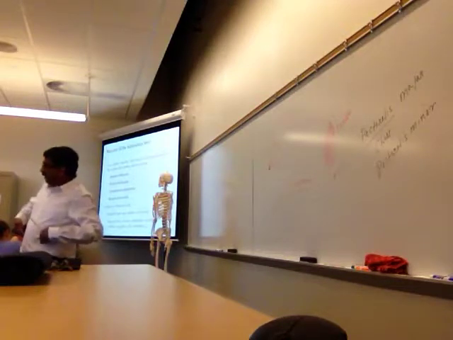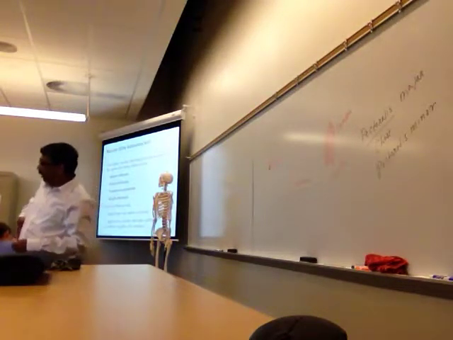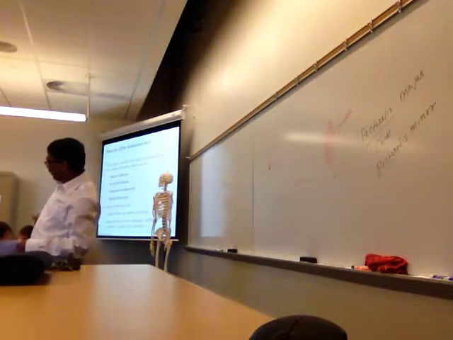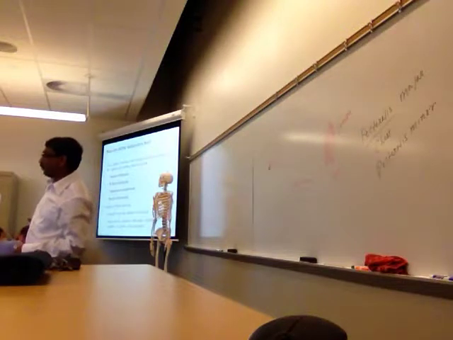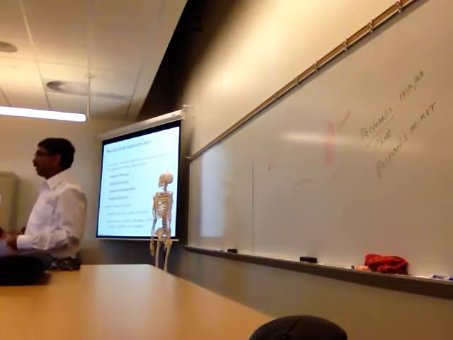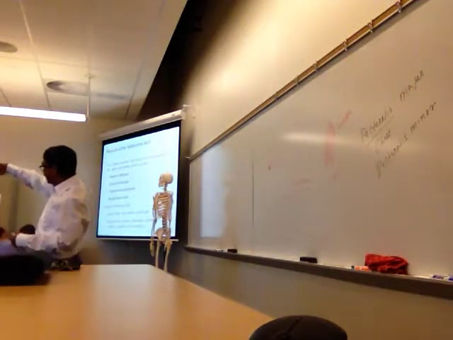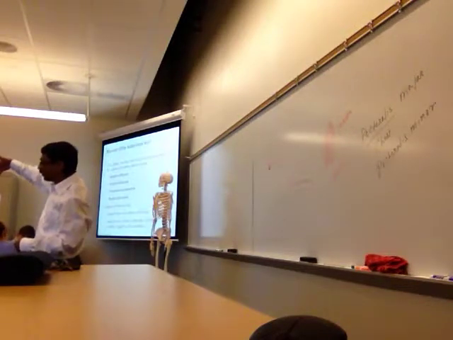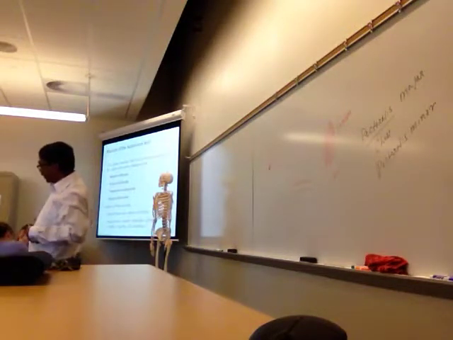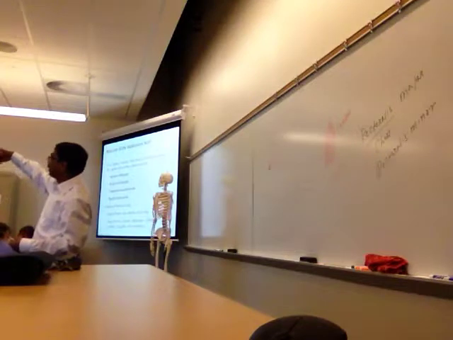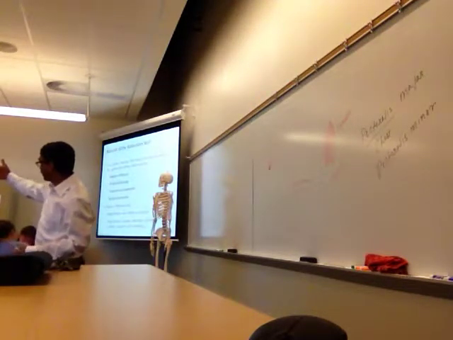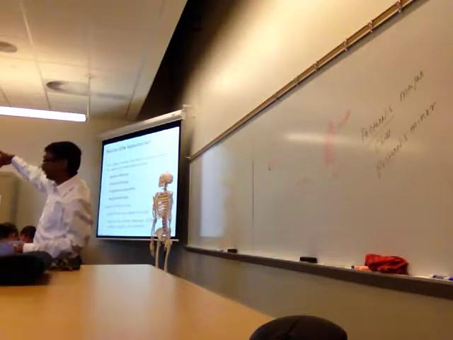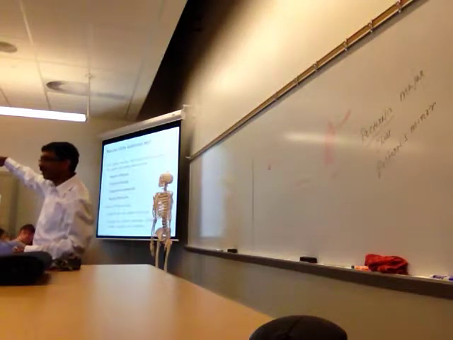Then if you see the side part of the abdominal wall here, you don't have rectus abdominis, you have the other three muscles. The outermost one is called external oblique. External means outer, and oblique means the fibers are going obliquely like this. So beautifully named, you see. External is the outer, and oblique means fibers are not straight down, not transverse. Fibers are like this. This is oblique, right? This is oblique.